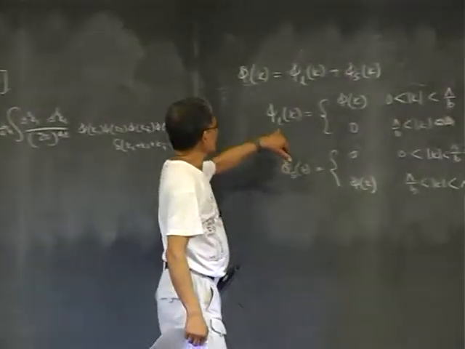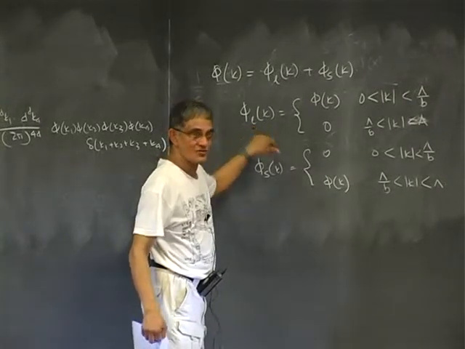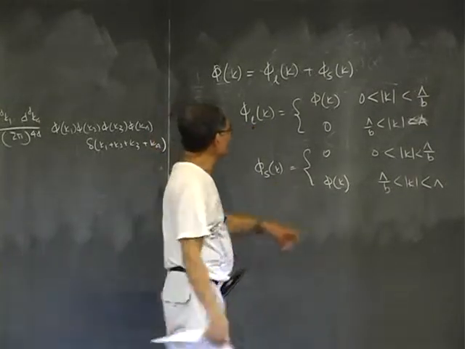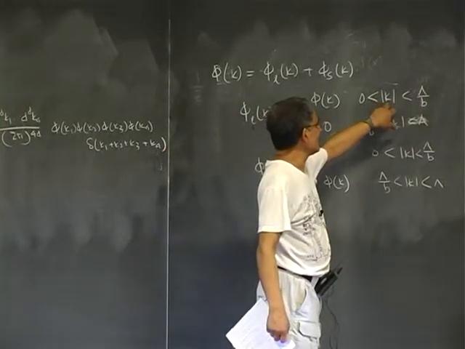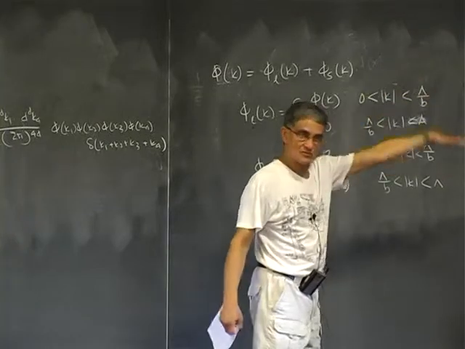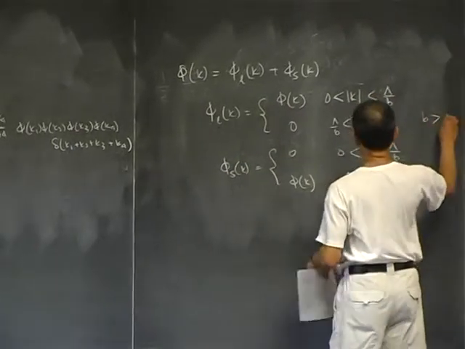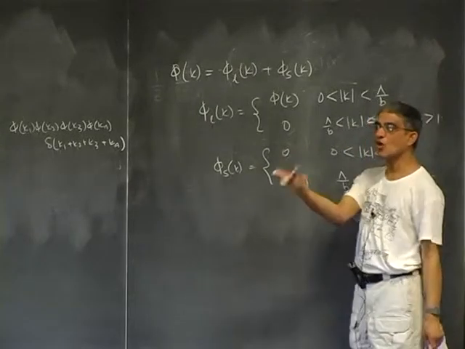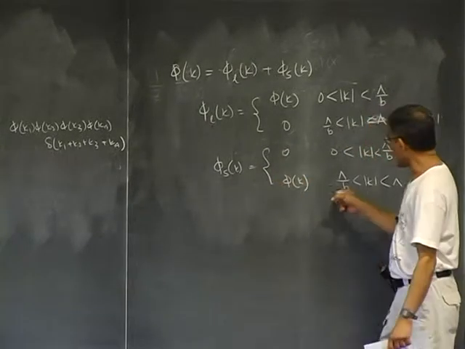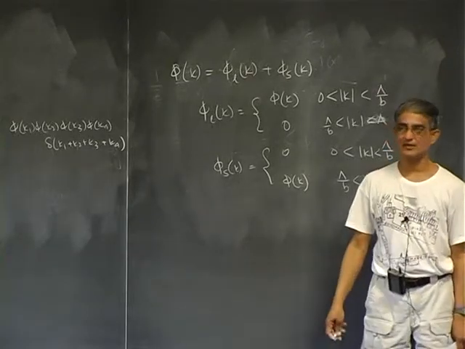I have taken what I call phi L. L stands for long wavelengths, which have momenta which do not go all the way to the cutoff of the theory, which goes to somewhere below the cutoff of the theory, because b is always greater than 1. And these are the short wavelength modes which lie in this interval between lambda upon b and lambda.